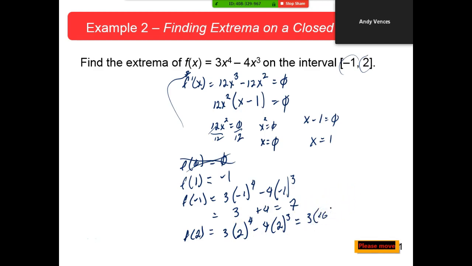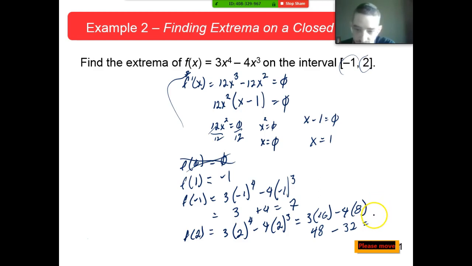Minus 4 times, what's 2 cubed? 8. And 3 times 16 is? 48. Minus 32.